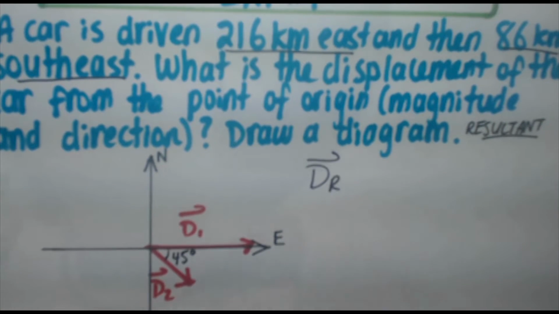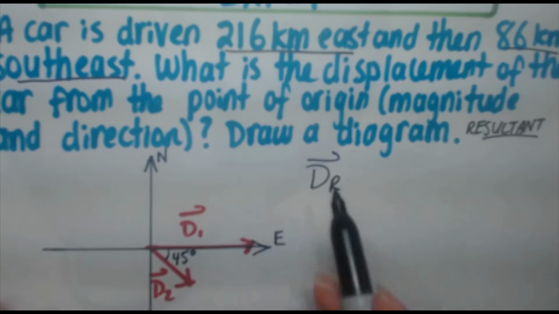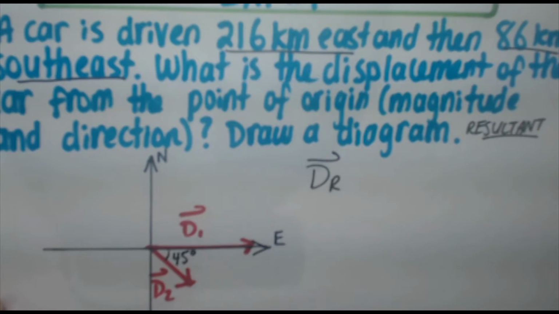Now just a quick review on vectors really fast here. Remember, a vector is a quantity that has both magnitude and direction, and because it has a direction, you have to put that little arrow on top to show that it is indeed a vector. A vector would be something like velocity, something that has magnitude and direction, 46 kilometers an hour east, whereas speed is a scalar quantity that only has magnitude, 46 kilometers an hour.